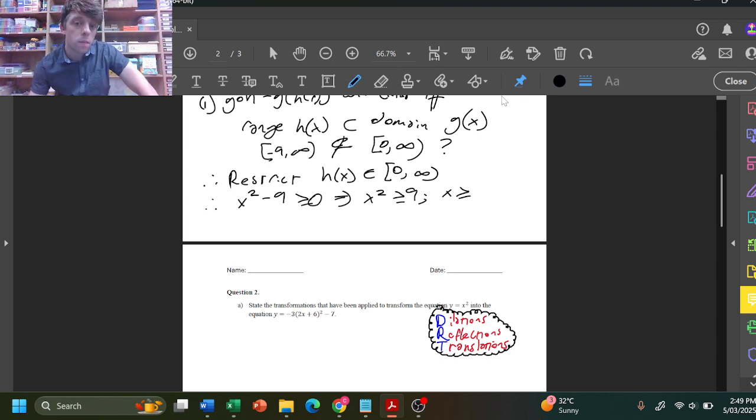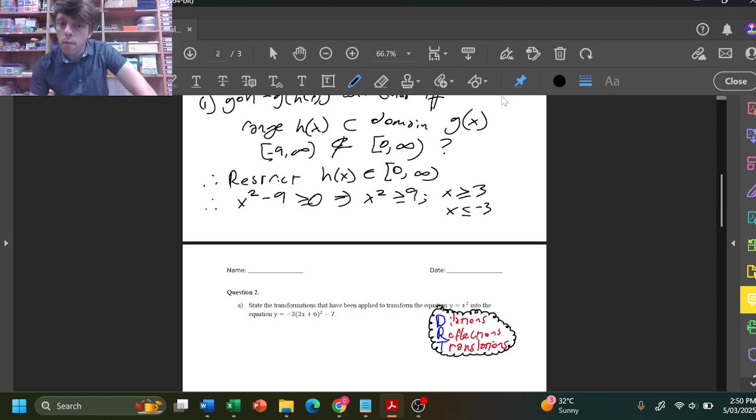With the positive root, we're going to get 3. So 3 times 3 is 9, so the square root of 9 is 3. But this could also be -3. So if this is equal to -3, then x needs to be less than or equal to -3. So have a think about that.